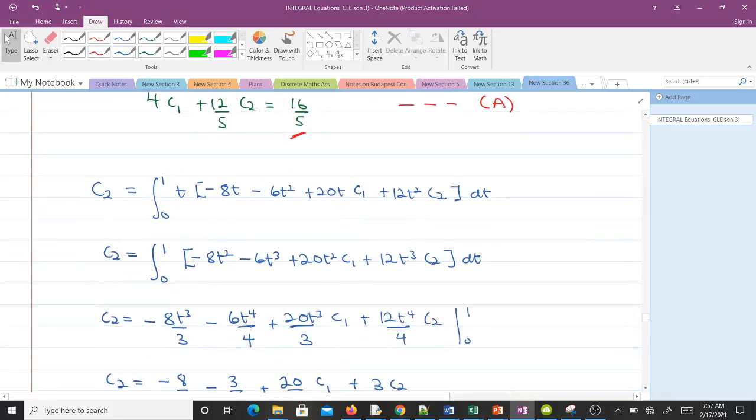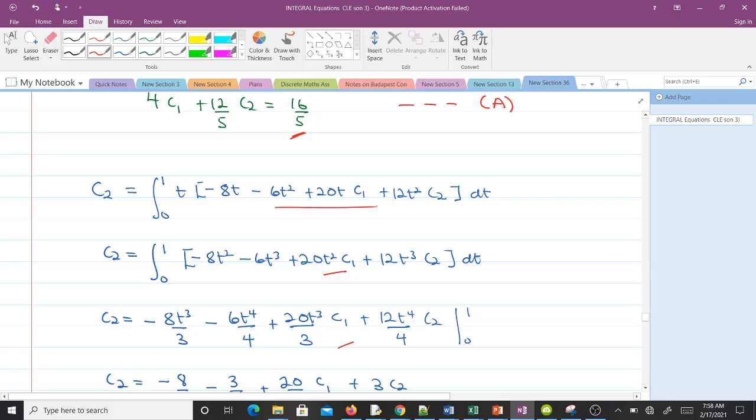Then we come looking for our c2. So c2 was given as integral from 0 to 1 t y of t. And I did the whole of y of t. So we multiply through by t, and that gives us this. Then we integrate with respect to t, and that gives us this.